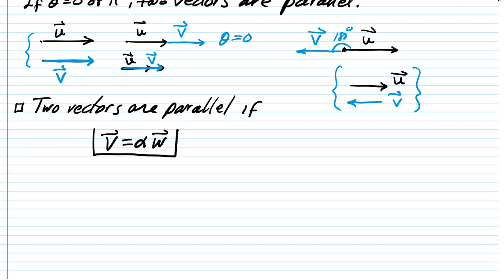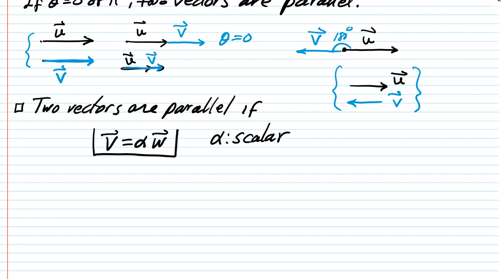So vector v is alpha times u. Again, alpha here is a scalar, a number like 2, 5, -1/2, whatever it might be. Then the two vectors are parallel if one is a constant multiple of the other, in other words.